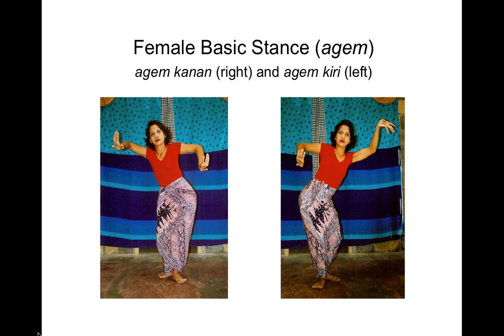So you have a right and a left agam, and in the right agam, which is on the left-hand side of the screen as you are looking at it, the body weight is on the right foot, which is behind, and the left foot is placed at 45 degrees in front of the right foot. The torso is lifted and the shoulder blades are squeezed together.